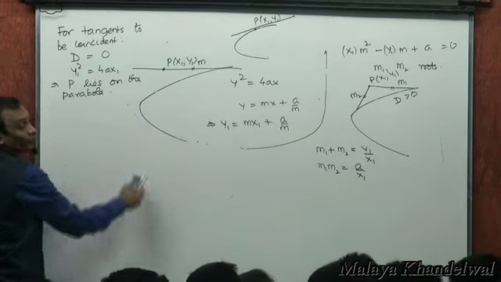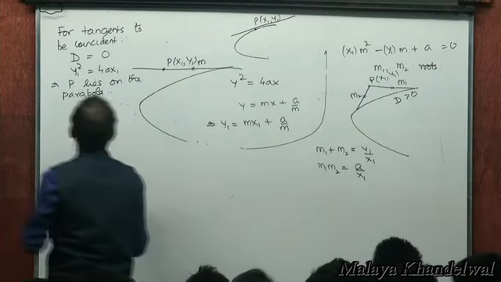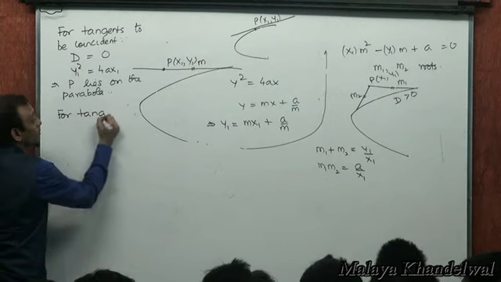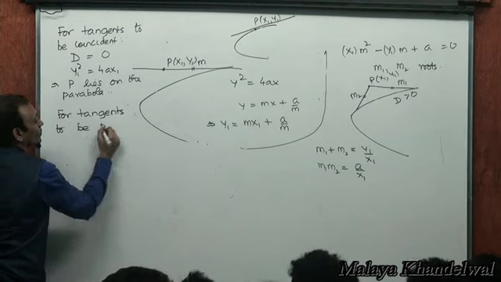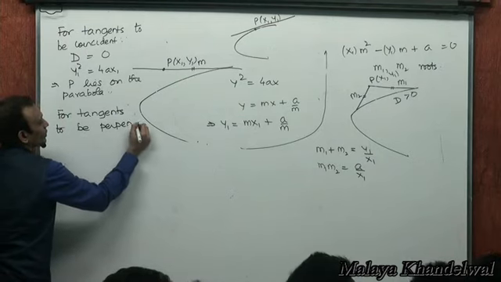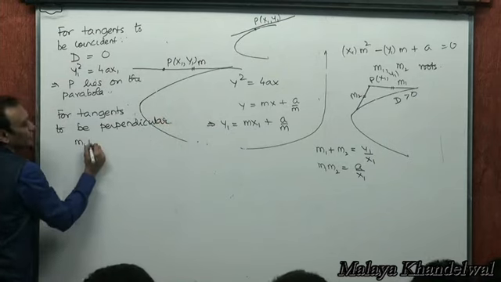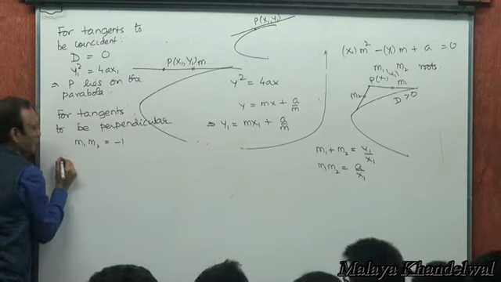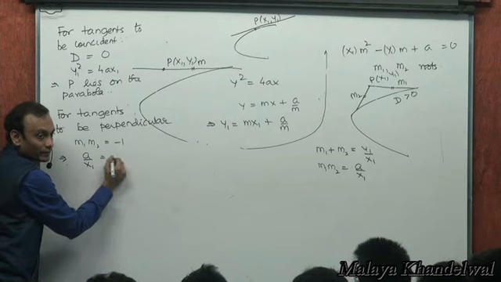Now, for tangents to be perpendicular, m1 m2 must be minus 1, right? m1 m2 equal to minus 1 means a by x1 must be minus 1.